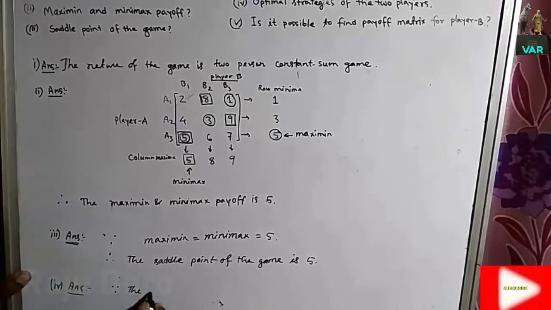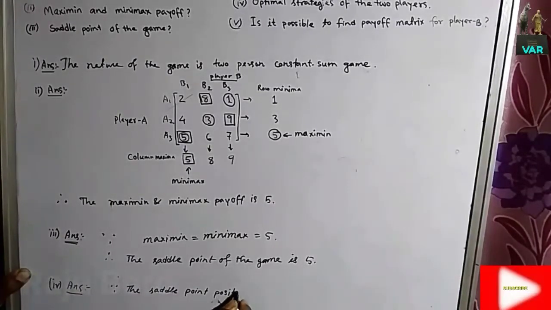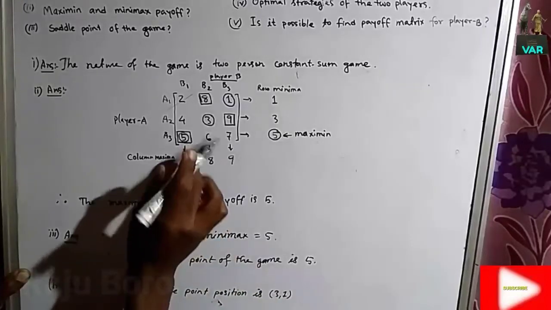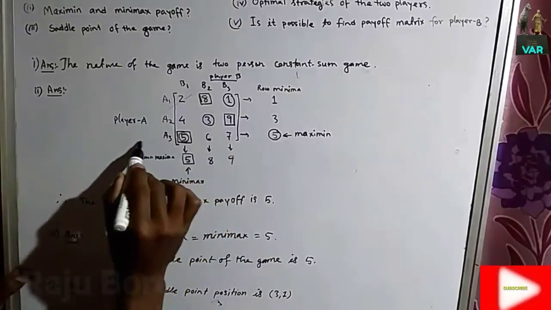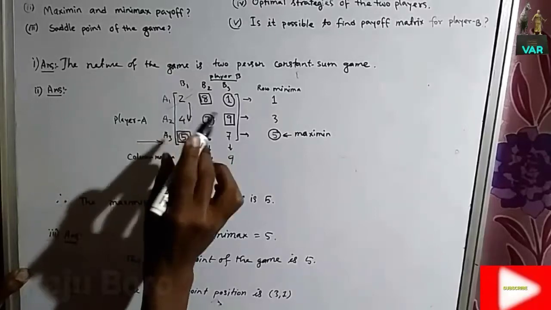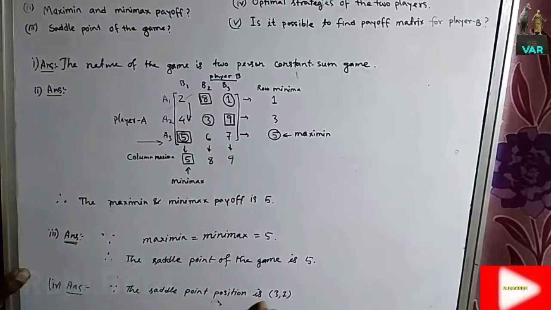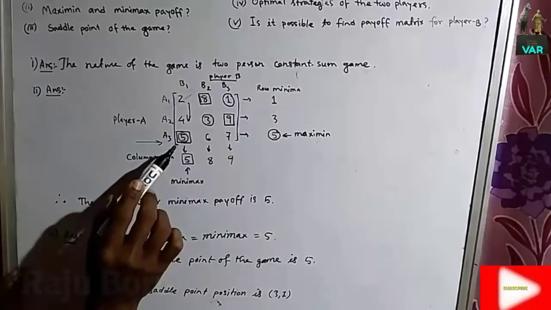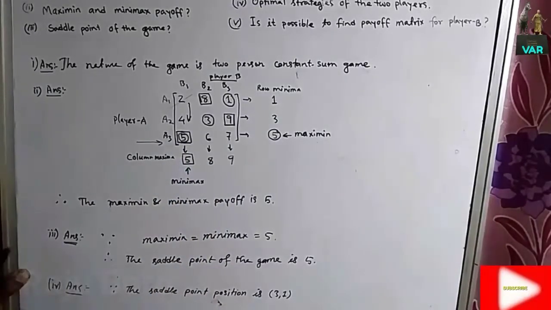Since the saddle point position is 3-1, that means the third row and first column, this 5 is in the position 3-1.